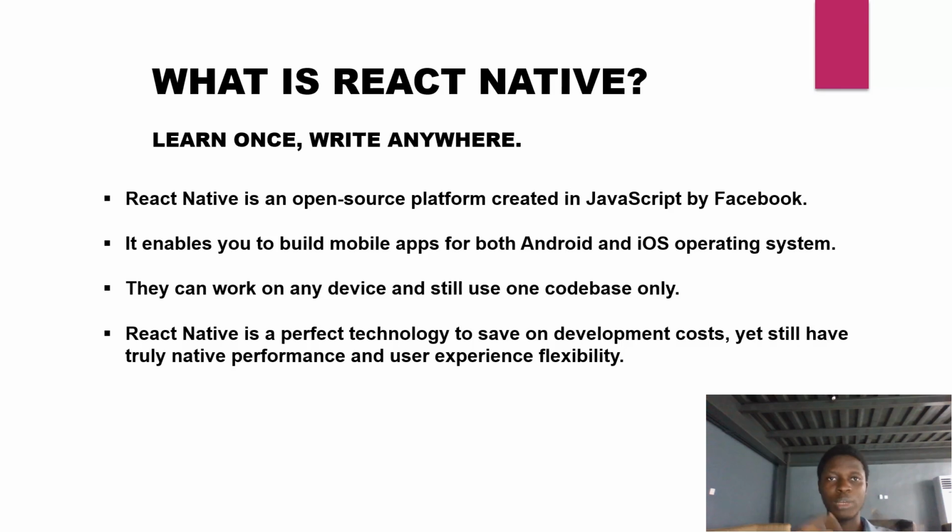But when it comes to React Native, you're only making use of one thing and everything is fine. So it saves on development cost, and if you are developing the app, you don't have to worry about waiting for the second team. You really have just one team to monitor.